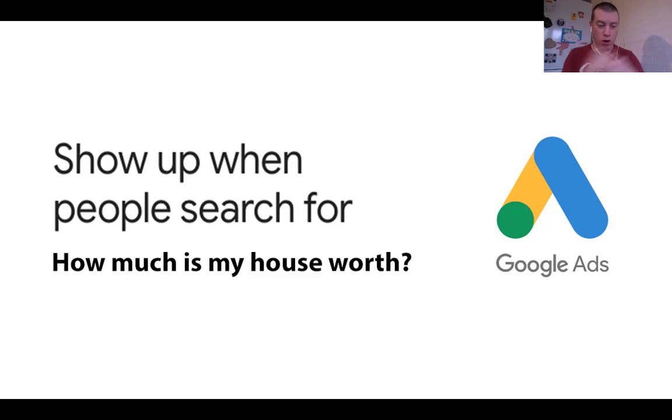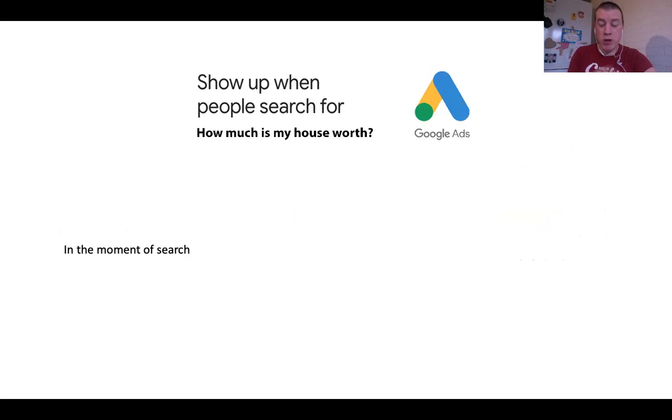So in our world, it's commonly phrased as, we need to sell our house. So people type in, how much is my house worth? And you can just appear like magic in front of those people. Now, there's a couple of ways you can do it. We can turn up in the moment.